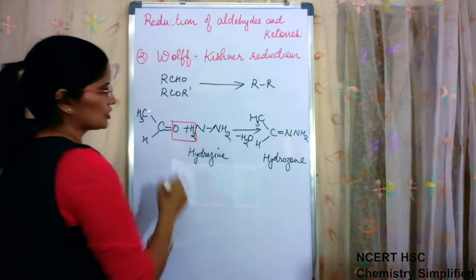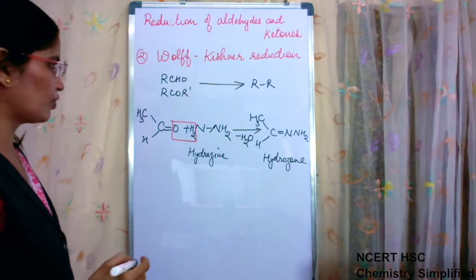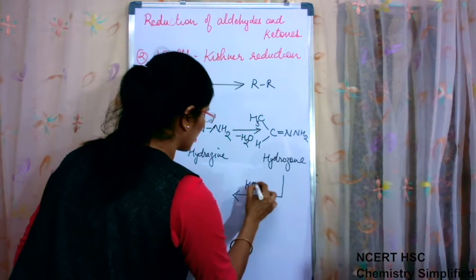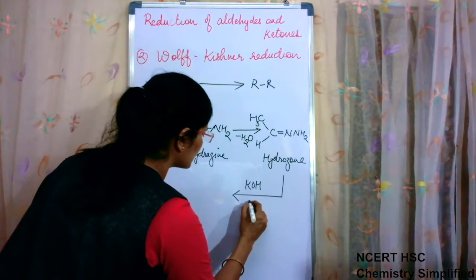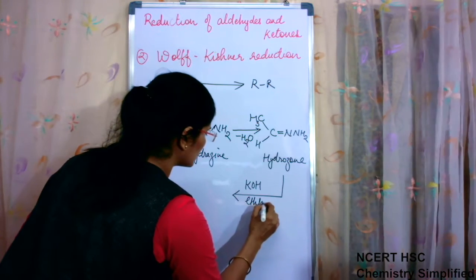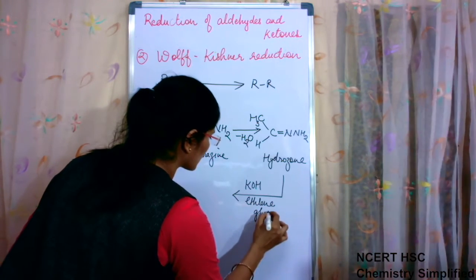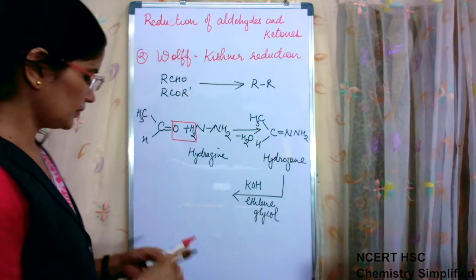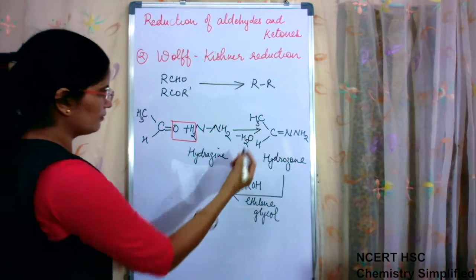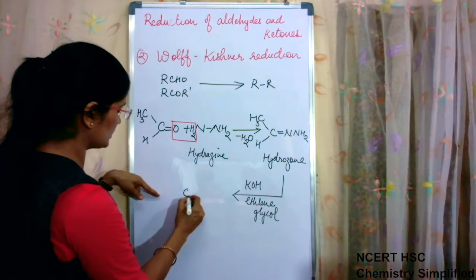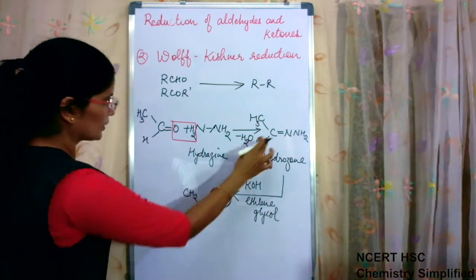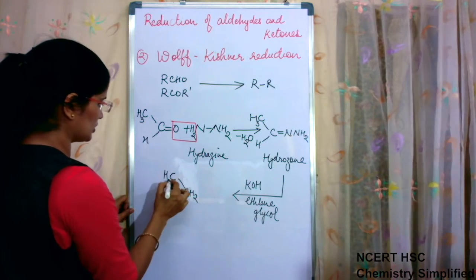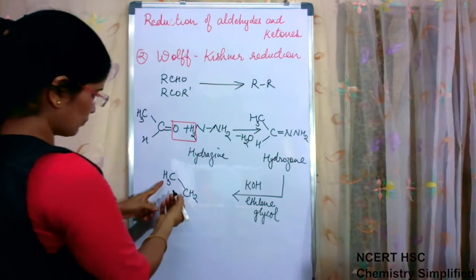So the intermediate hydrazone is formed, which in the next step, on treatment with KOH in presence of ethylene glycol, will form the alkane. CH2 will be reduced, H was already here, and this is CH3. That means what is formed?